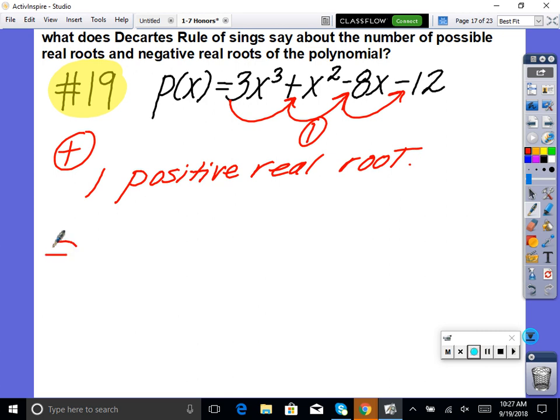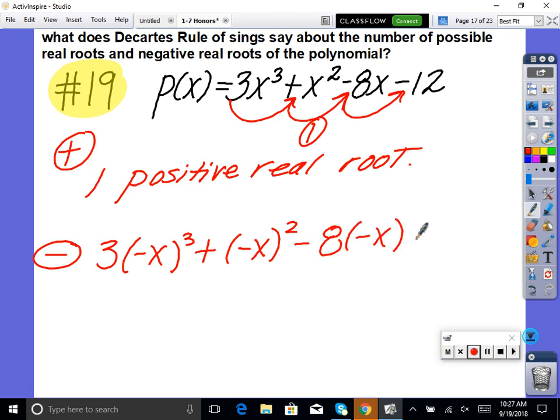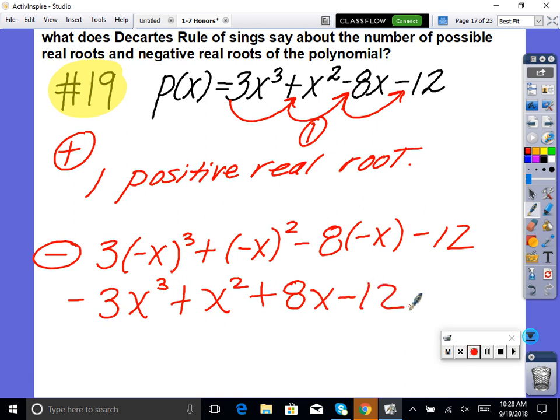Negative. So negatives, we got to plug in a negative x. So 3 times negative x cubed plus negative x squared minus 8 times negative x minus 12. Simplify it correctly. So this would be negative 3x cubed plus x squared plus 8x minus 12. Then we count our sign changes. Negative to positive, there it happened. Positive to positive, nope. Positive to negative, that's the second.